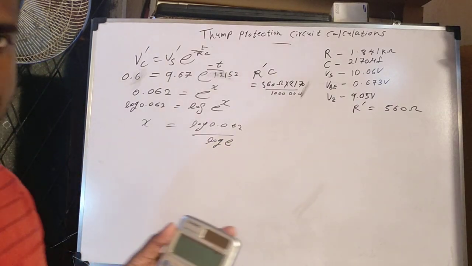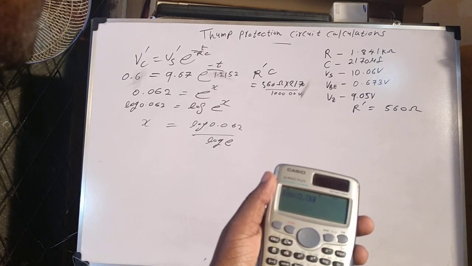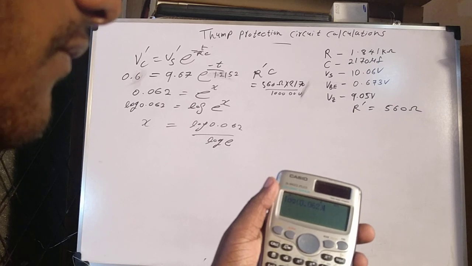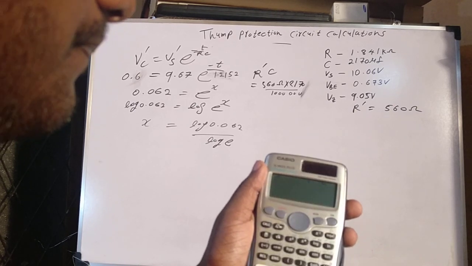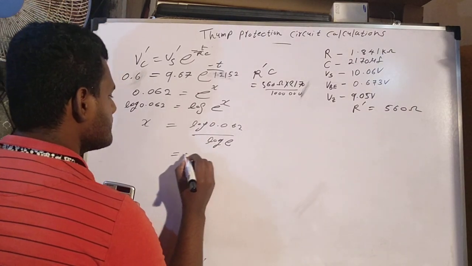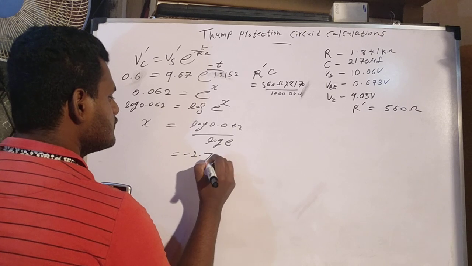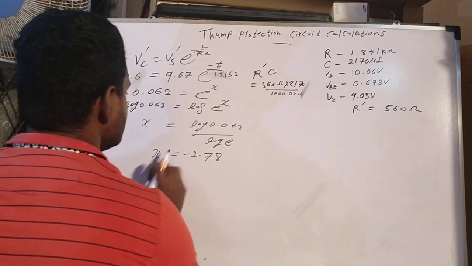So log 0.062 divided by log e, then the value is minus 2.78. Perfect. Okay, now that is the x.